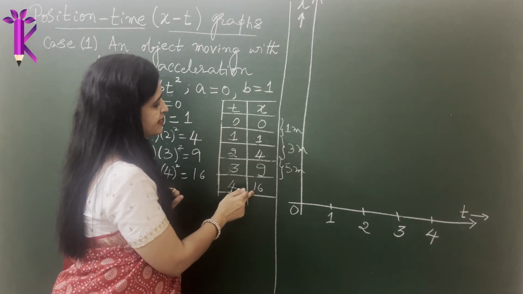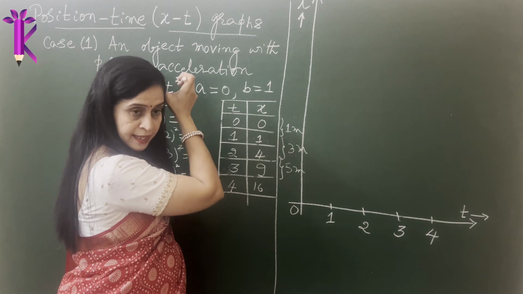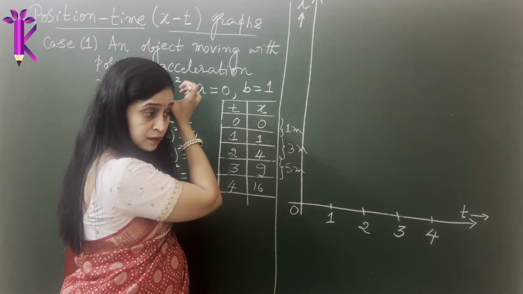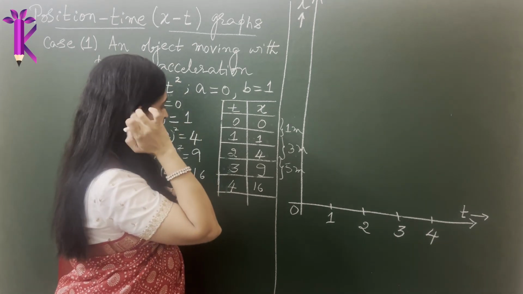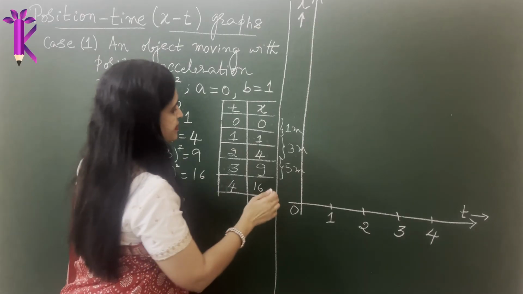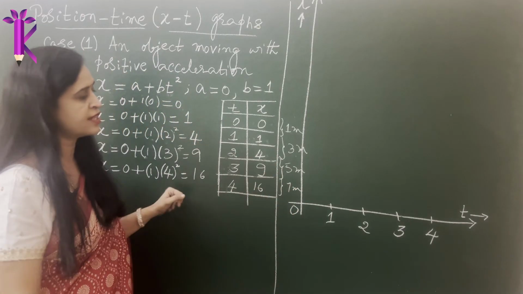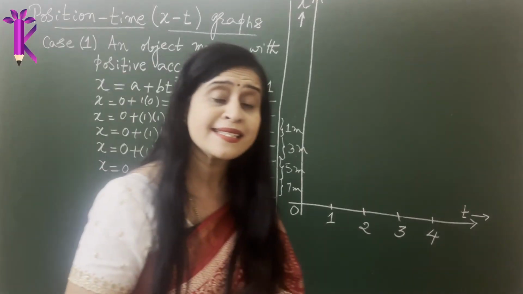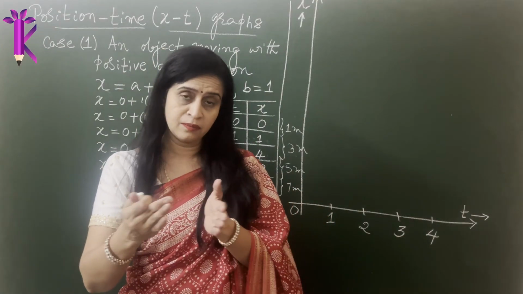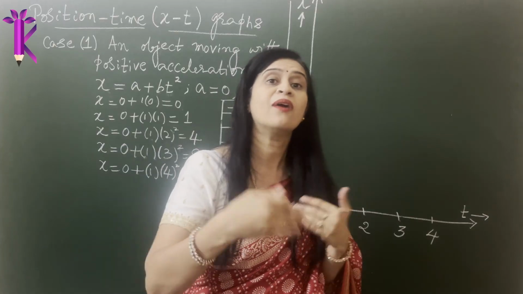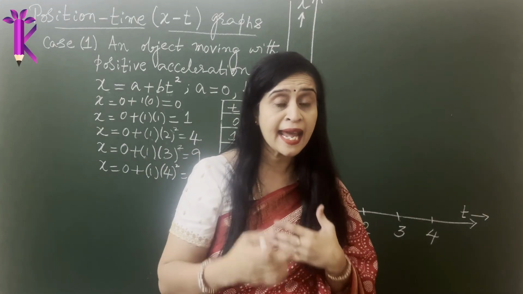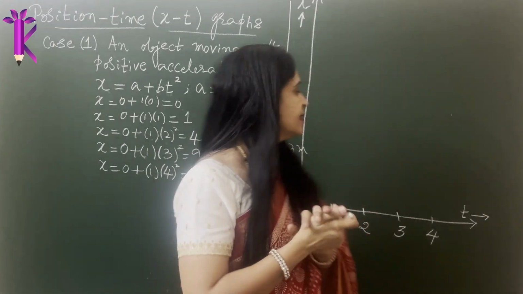You see 16 minus 9 will be equal to how much? It will be 7 meters. You see there is a jump of about 7 meters. So the distance covered keeps on increasing for the same difference in time.